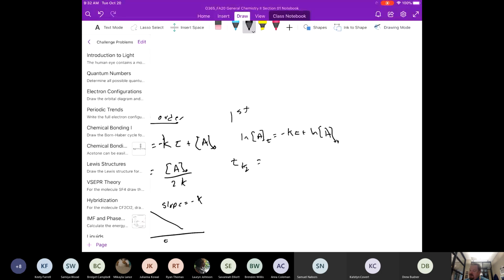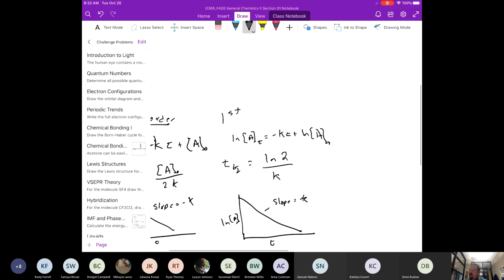Now it's independent of the initial concentration. So the half-life is equal to the natural log of 2 over k, and we can do that by putting the fraction in so that kt is 1/2 of A naught. So when we graph the natural log of A versus time, we are going to get a straight line with the slope, again, equal to negative k.